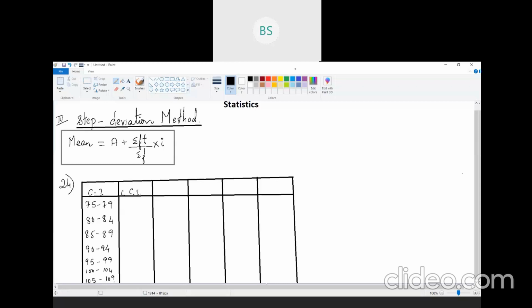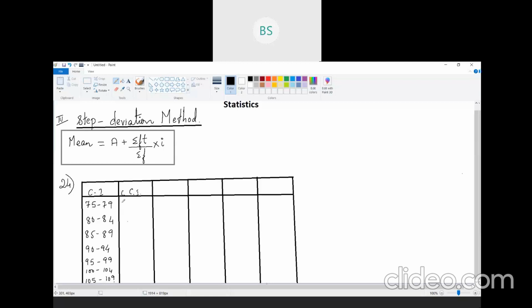So this 0.5 we have to add and subtract from the limits, right? So on this side 75 minus 0.5, and for the upper limit it will be 75 plus 0.5.